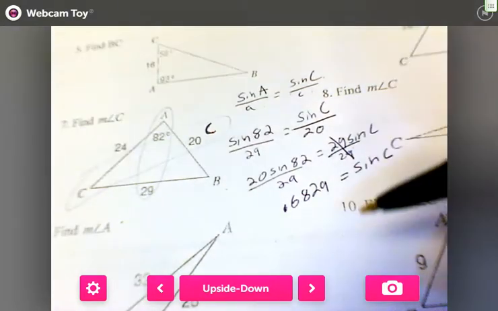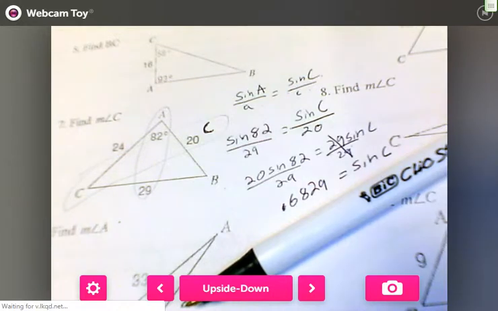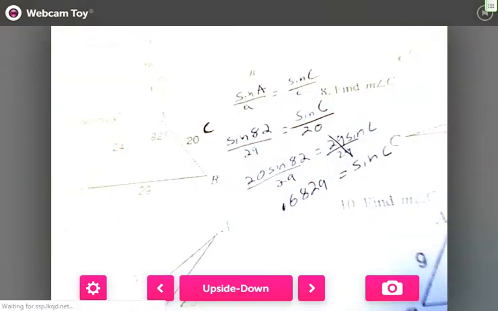Now, how do you think I get rid of sine and get C all by itself? If something's being multiplied by something, I divide, right? What if something's being squared? You square root it. Do you guys remember that? If something's squared, you square root it. So if we have sine, we're going to use inverse sine.